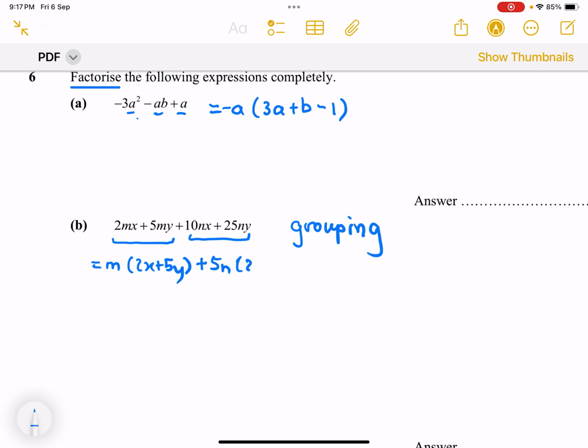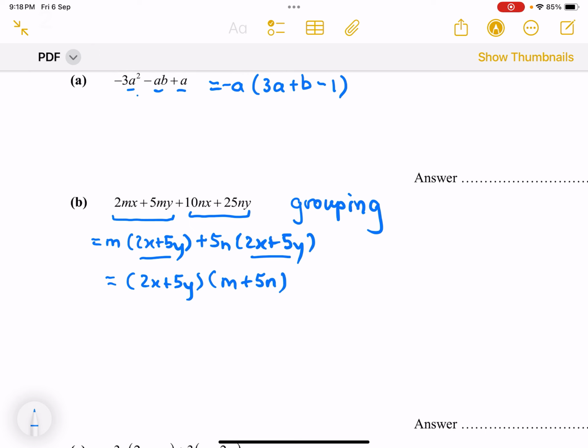And what you should notice after taking out the common factor in each group is that we will have a common factor in brackets. So we have to take out the common factor. It's useful to underline the common factor, and what is not underlined can be put in brackets. And this is the final factorized form, which is a bracketed form, which means multiplication. The answer is a multiplied form.